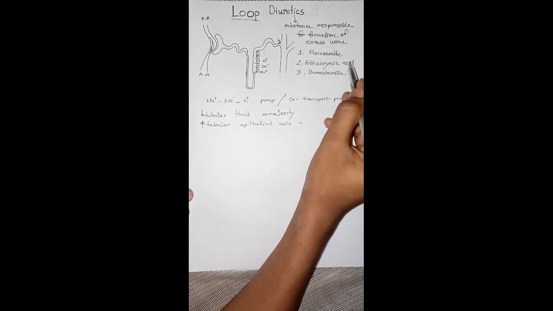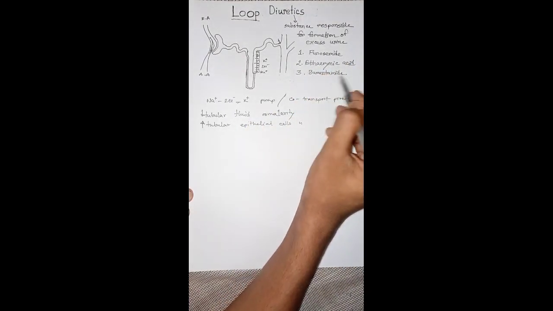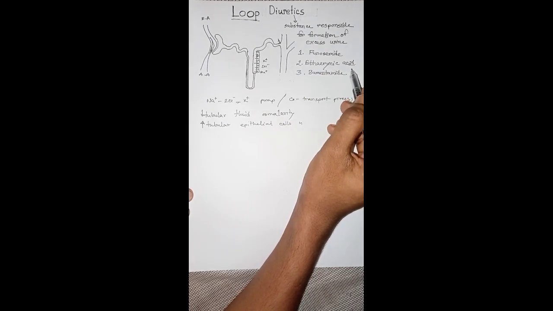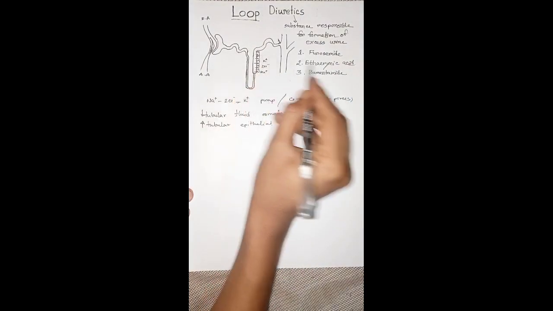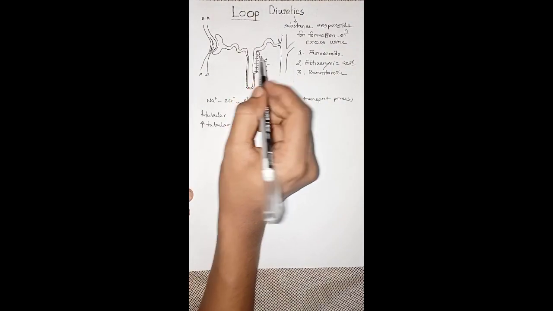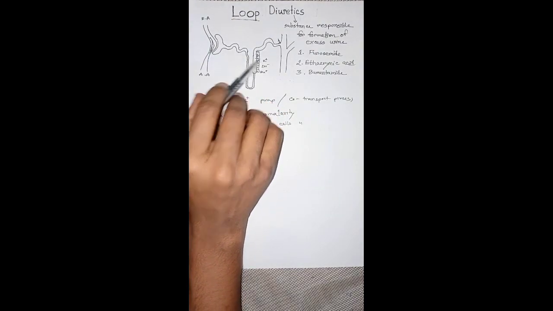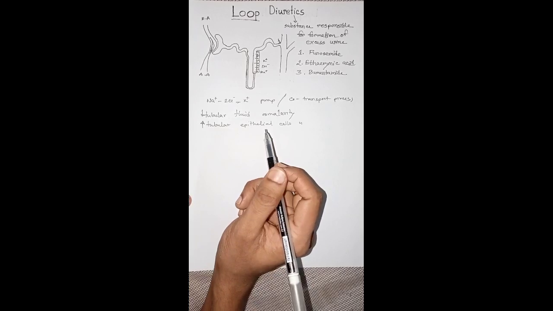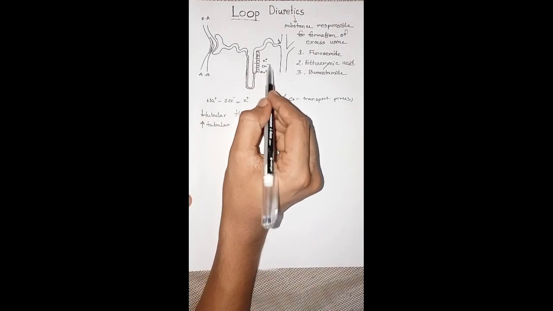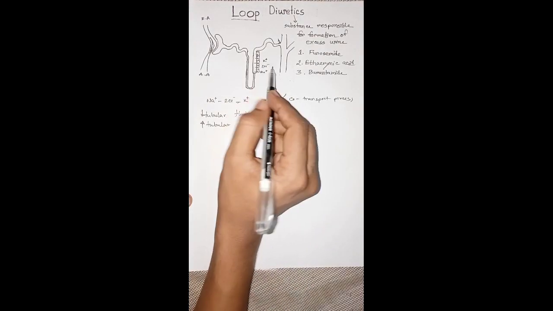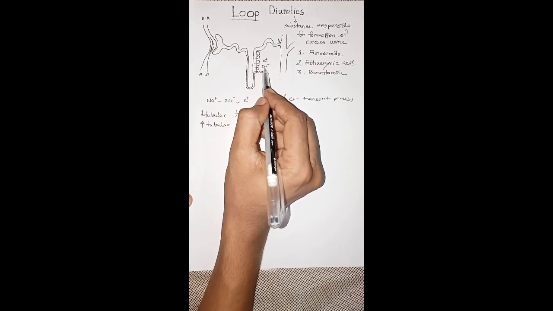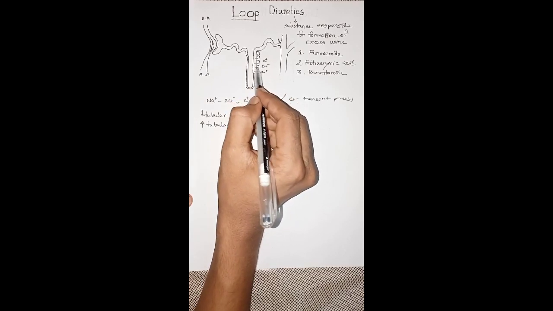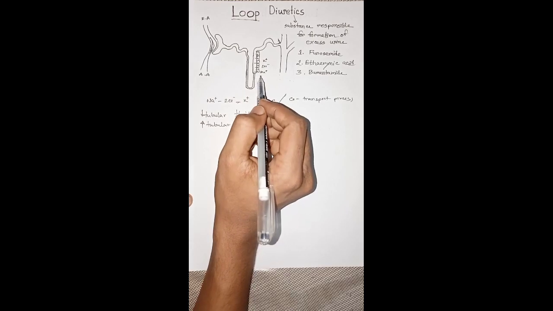But when these three diuretics function, the pumping activity of sodium, potassium and 2-chloride is opposed. If the pumping mechanism is opposed, the sodium, chloride and potassium cannot be reabsorbed from the tubular lumen.